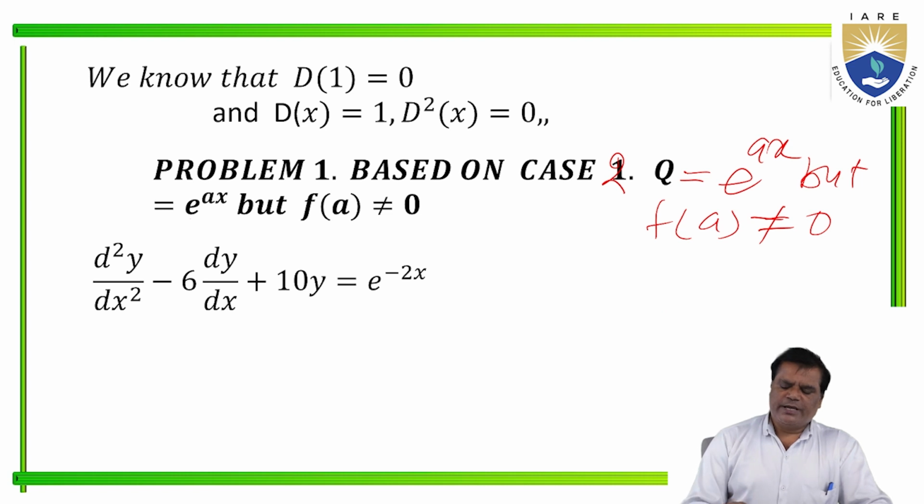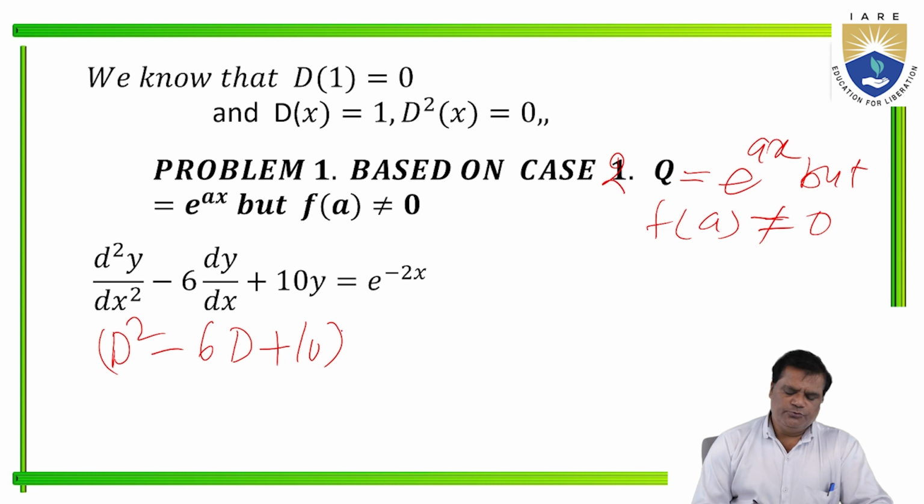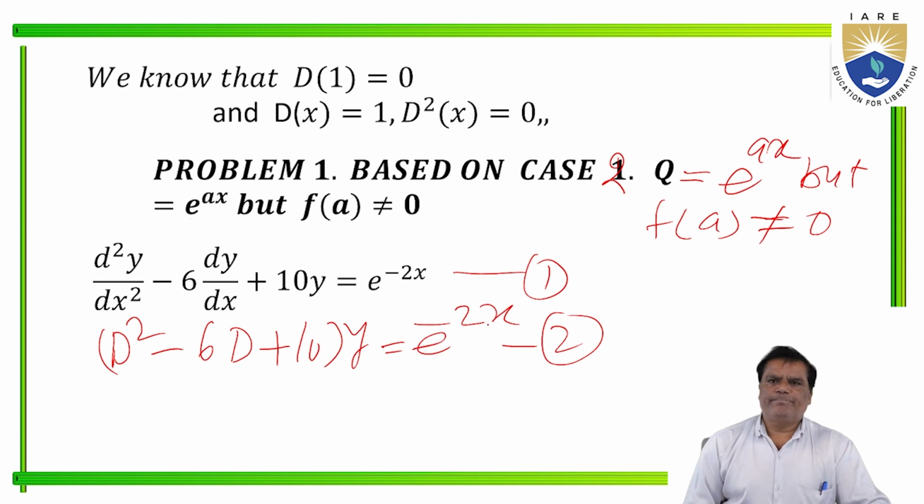Problem 1 based on case 2: D square minus 6D plus 10, y is equal to e to the power minus 2x. This is equation 1 and this is equation 2.